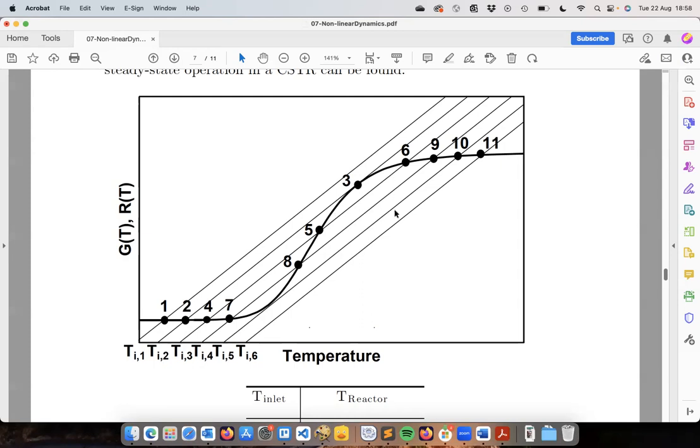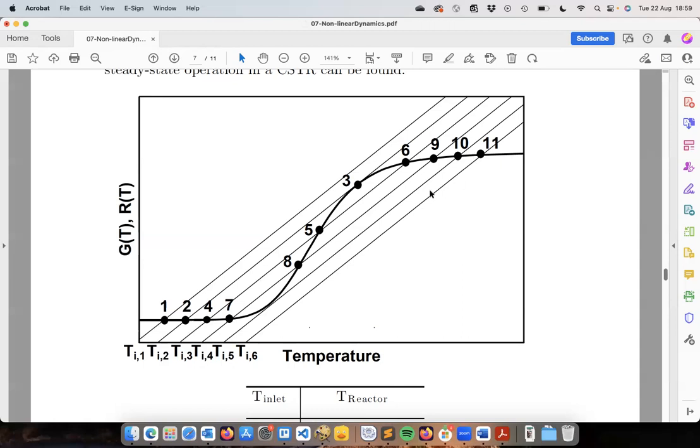And then we start to reach a stage where they start to converge. So for G, we've now reacted as much as we possibly can. The CSTR is saturated with product and the reaction is not really happening. So we stop generating heat when the conversion gets high enough. On the other hand, as the temperature is rising, R is also rising.